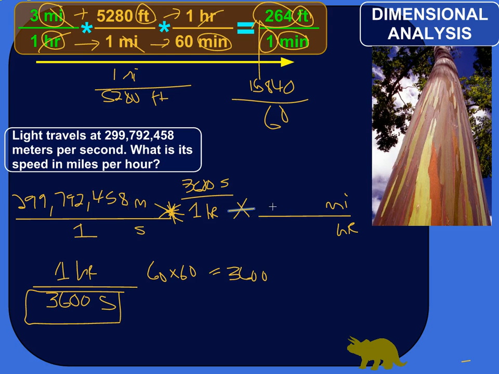And actually, I forget how many meters are in a mile, so I'm going to pause this, look that up, and come back. All right, so found it. 1 mile is equal to about 1,609 meters.